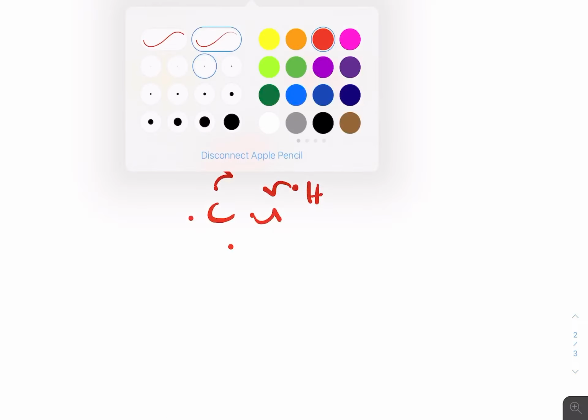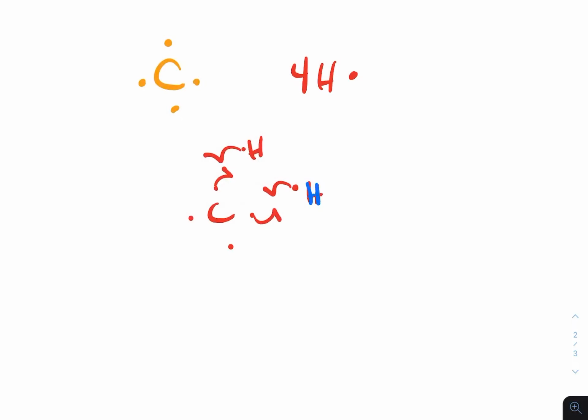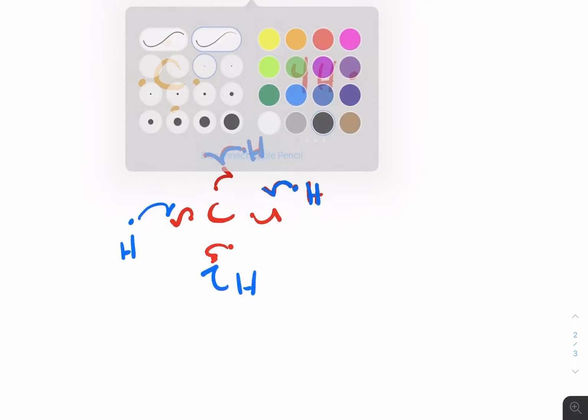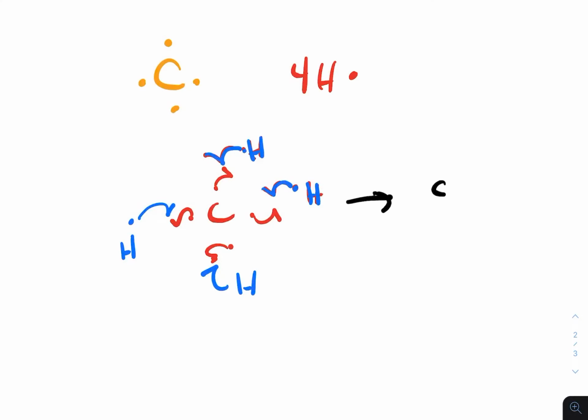I'm actually going to draw the hydrogens in different colors just so you can see how it's coming together. And then make that bond here, and then make that bond here, which is forming this methane.